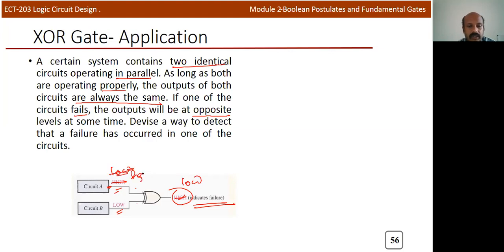Or if both are high, again the output is low, so that indicates the devices are working properly. If any one of the systems gives an opposite result, that indicates the system is in a failure stage, or one of the systems has failed. So to check such a condition, we can use an XOR gate.